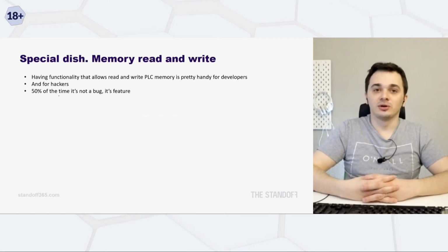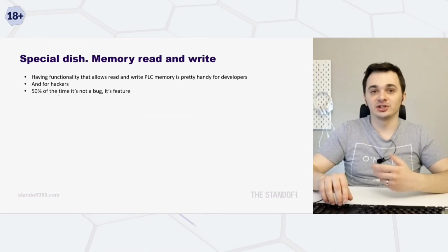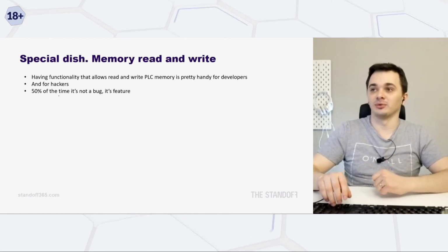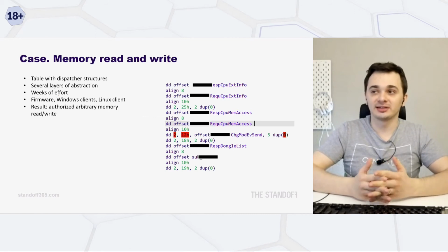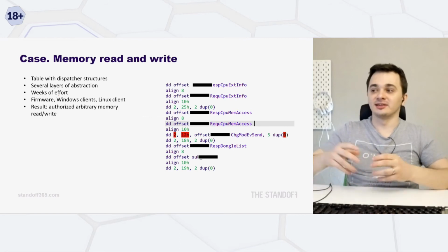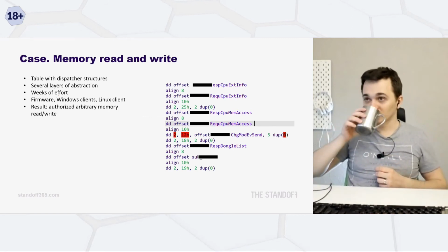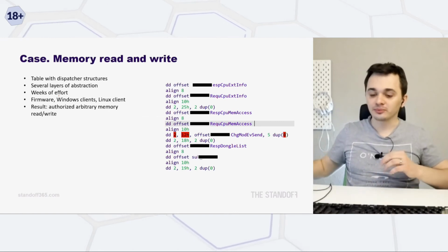Naturally, reading can be the result of some other vulns, but in many cases, it's not a vulnerability, it's a feature, or at least this is what the engineers thought. Let's consider a specific practical case showing how we were able to find such a way in.